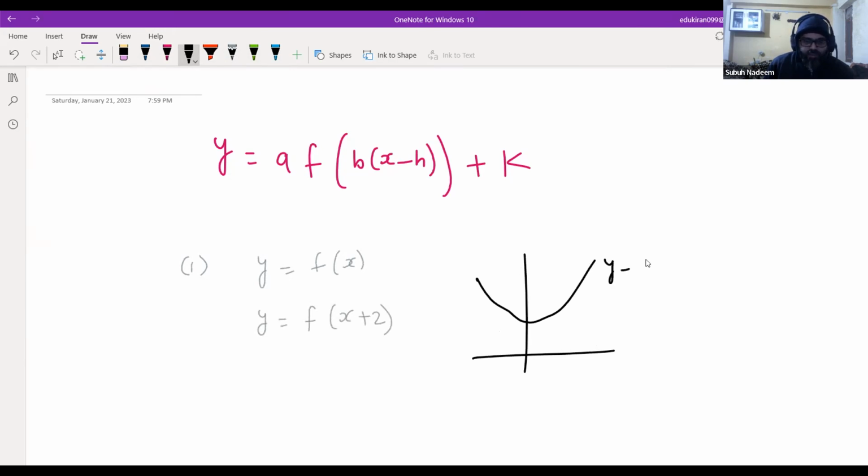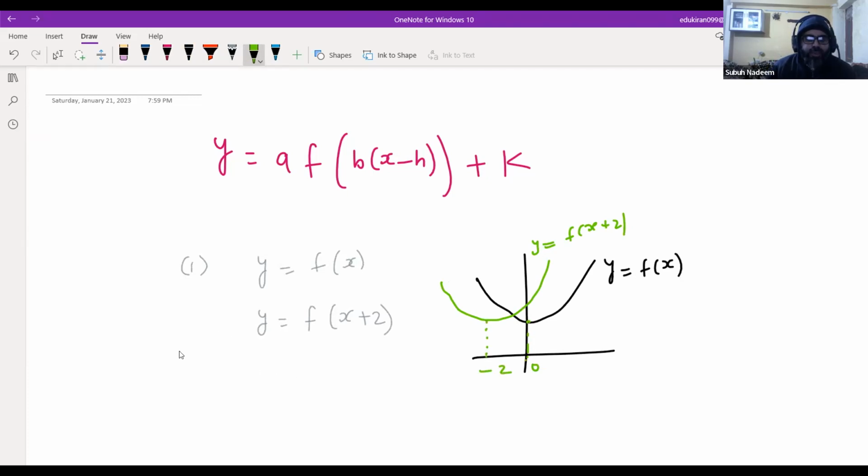Now y equals f of x plus 2 means this will be shifted by 2 units on the left. What it means is that the vertex which is here at 0 is now at minus 2.